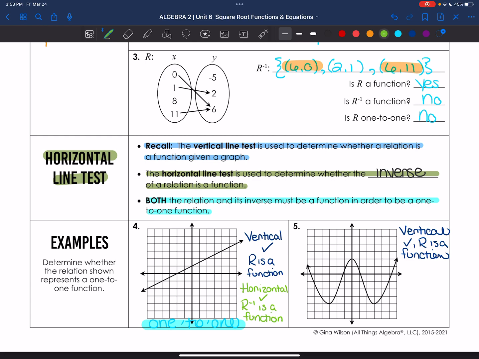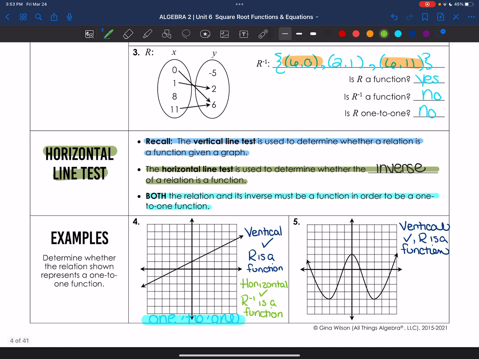But if I run a horizontal test on it, whoa, do you see how we're touching several points on that graph? It does not pass. So R inverse is not a function.